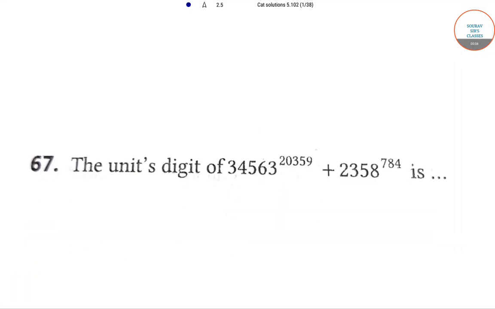The question is, the units digit of 34563 to the power 20359 plus 2358 to the power 784 is.